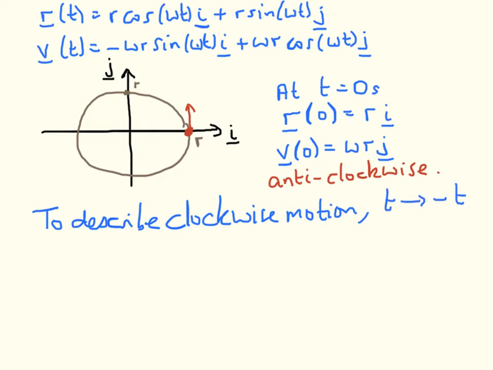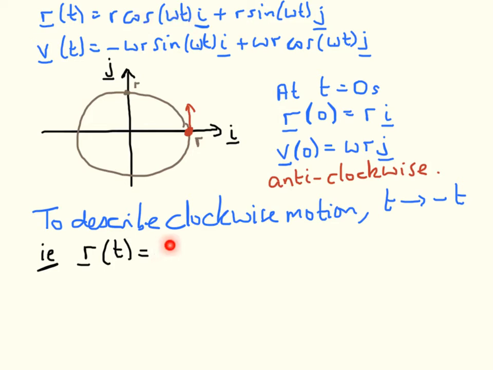So we just change the direction of time, as it were. That corresponds to r of t, but we're going to flip the sign, and the cosine is an even function, so there is no change here. The cosine of minus omega t is the same as the cosine of omega t.